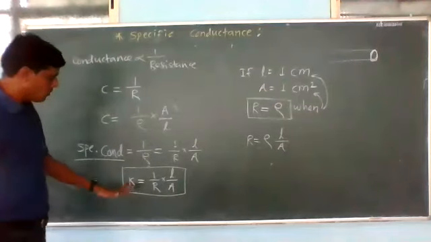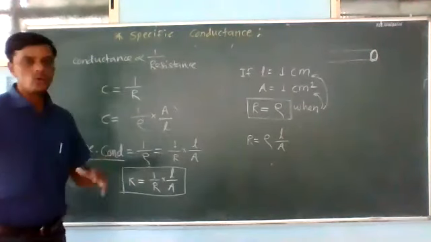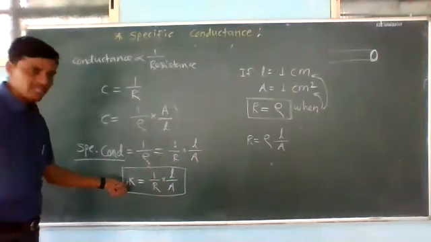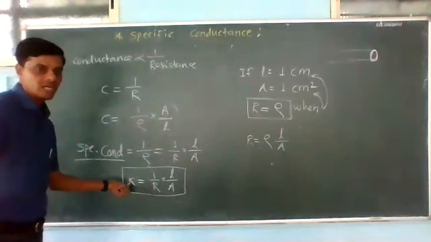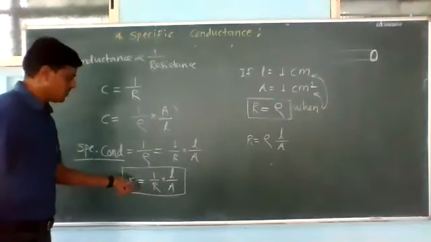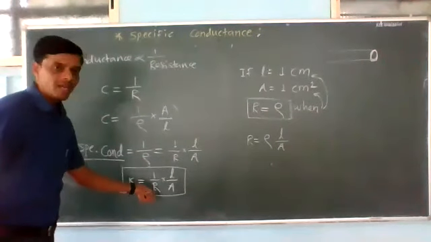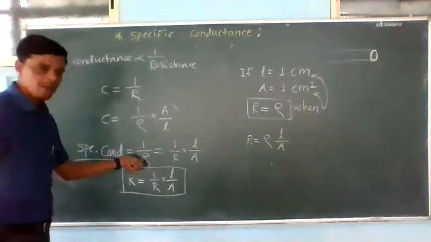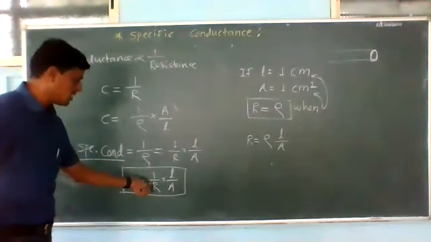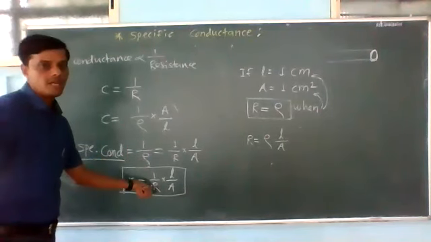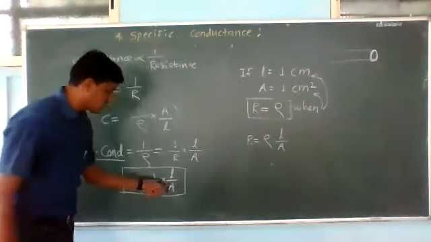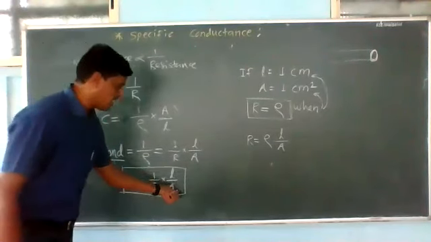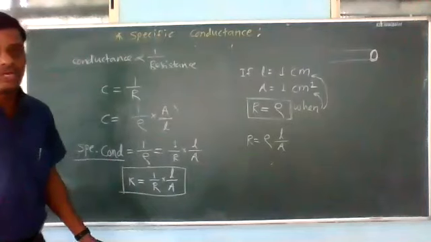Therefore, the specific conductance can now be defined. 1 upon R is nothing but the specific resistance of a conductor having length equal to 1 centimeter and area equal to 1 centimeter square.